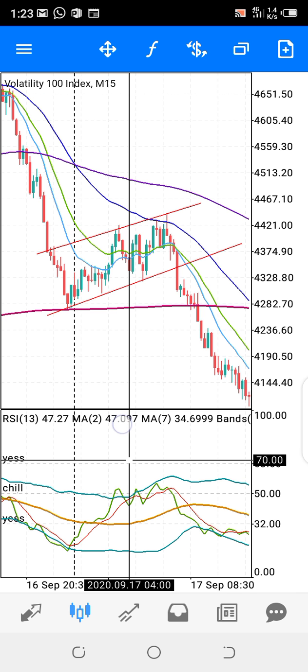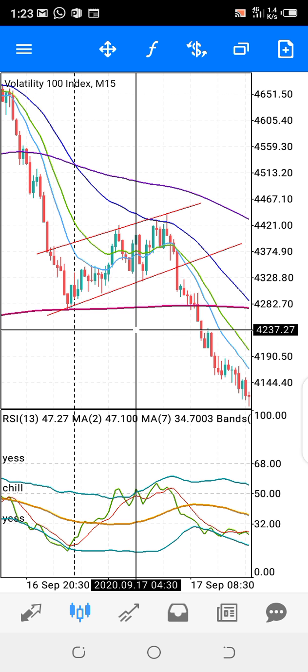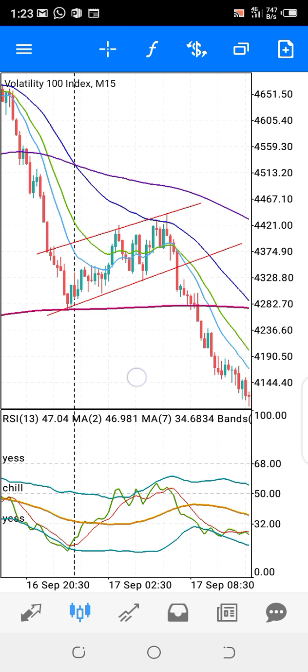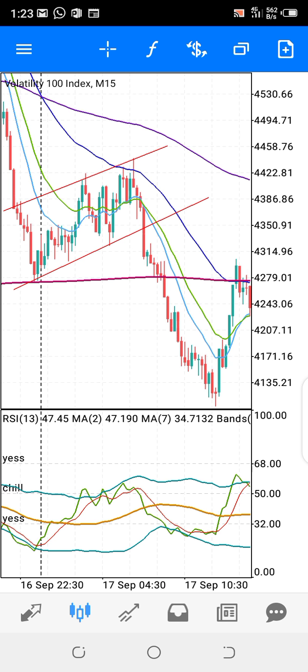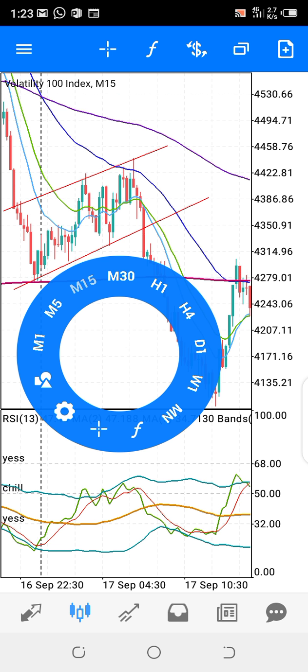So we find a bearish candlestick that closed below, a bearish candlestick just before that upward move.